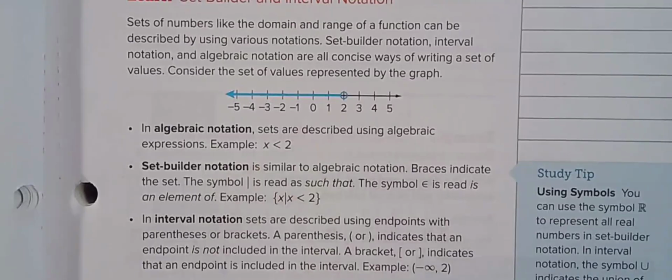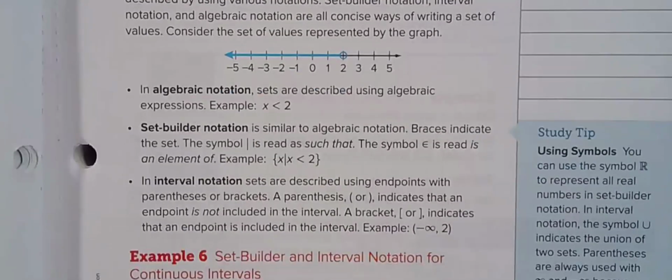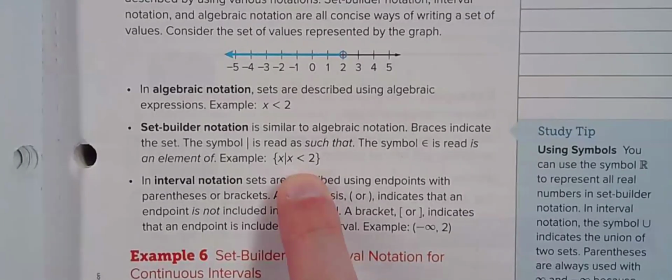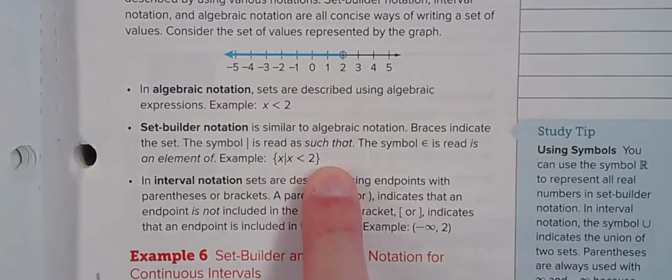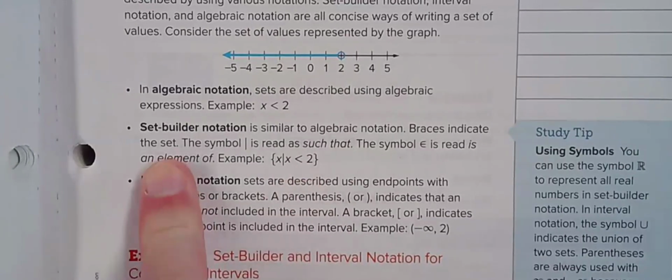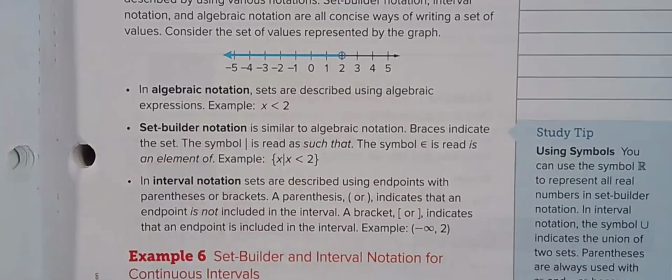For set builder notation, it looks similar to algebraic notation because you're going to have that inequality as part of it. But we are going to include braces. That's what those little squiggly parentheses are called. The braces indicate the set, which you've used before, right here.